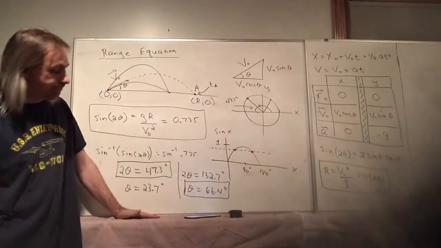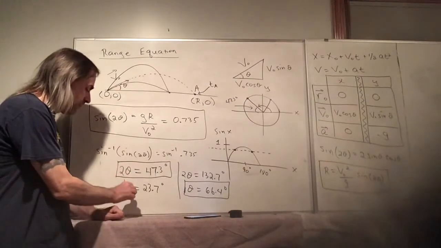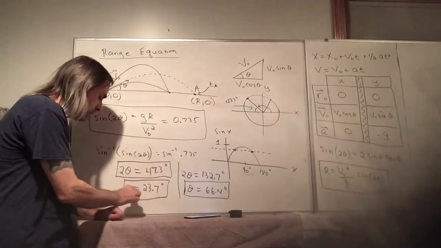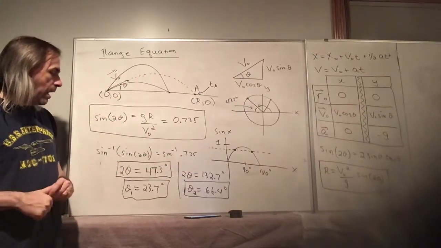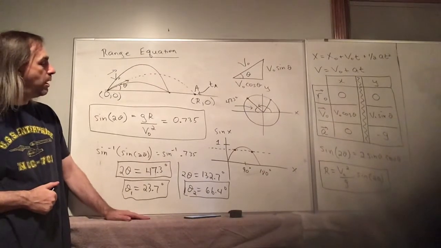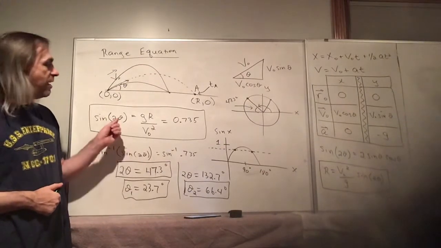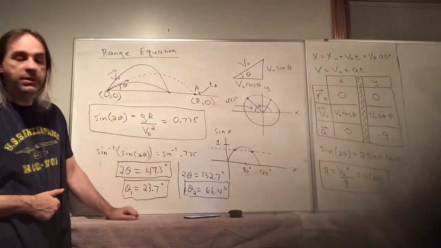So these are the 2 solutions. Let's call them theta 1 and theta 2. They'll both give you this same range. I think it was 30 meters.